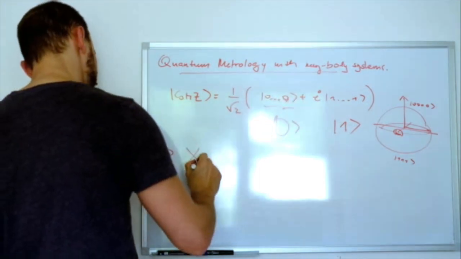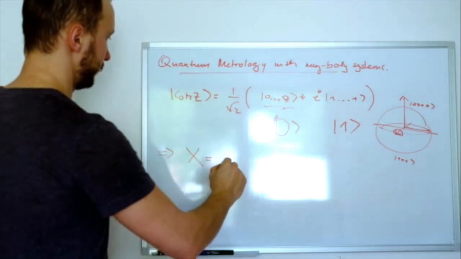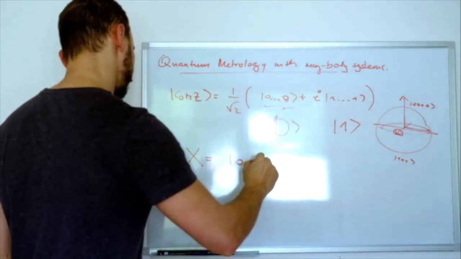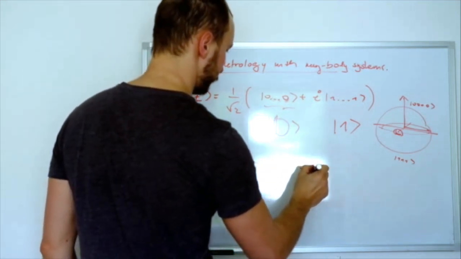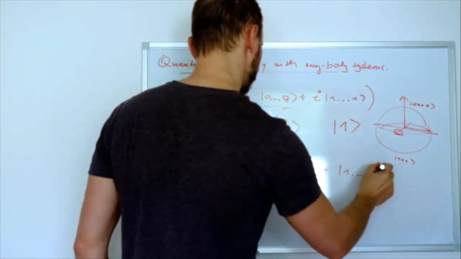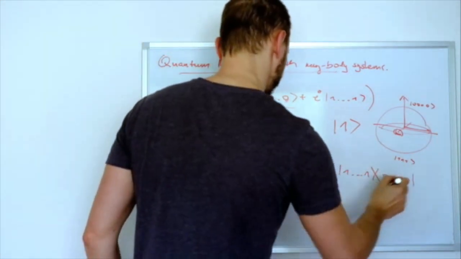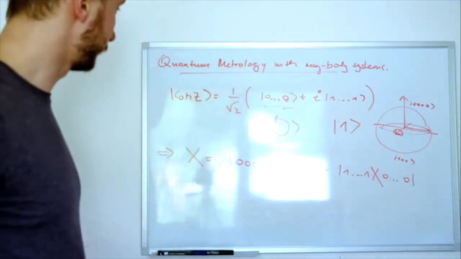The optimal measurement is an X operator, given by the following: |0,0,0><1,1,1|, the coherence between these two elements, plus |1,1,1><0,0,0|. Yes, we can directly conclude this from the SLD.